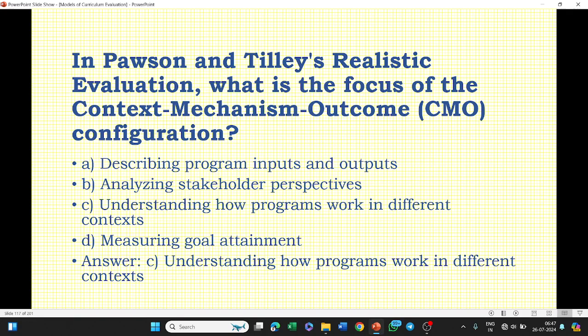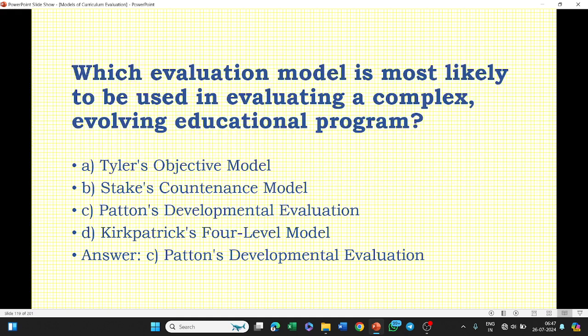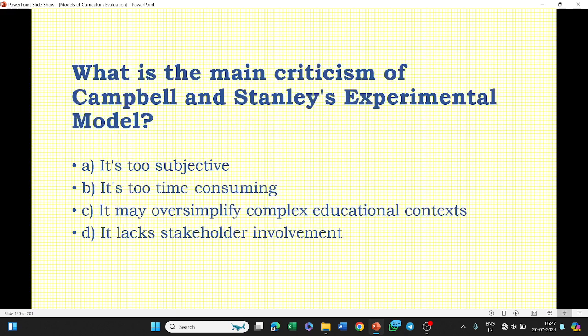Answer of this question is option C, that is understanding how programs work in different contexts. Which evaluation model is most likely to be used in evaluating a complex evolving educational program? Options: Taylor's objective model, Stake's countenance model, Patton's developmental evaluation, Kirkpatrick's four-level model. Answer of this question is option C, that is Patton's developmental evaluation.